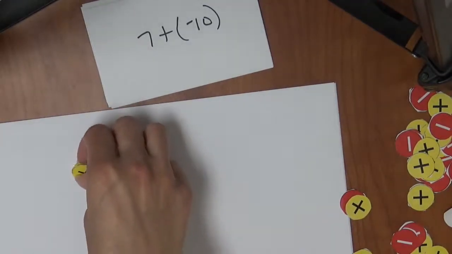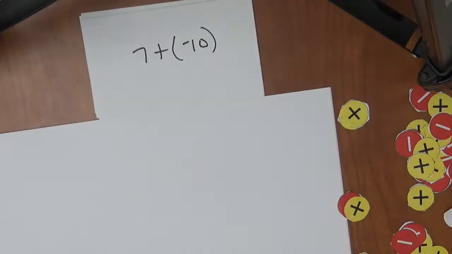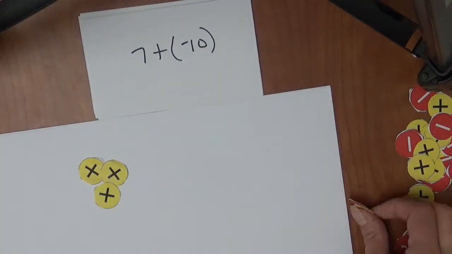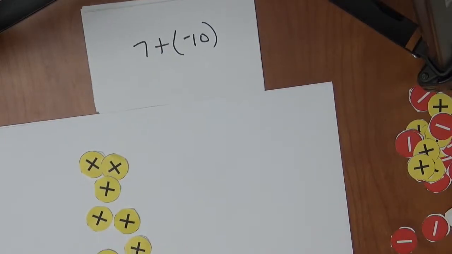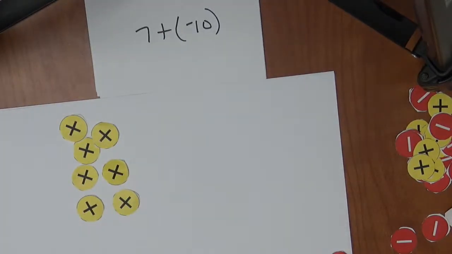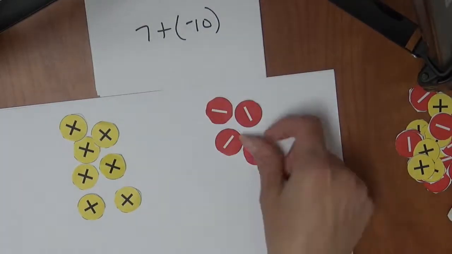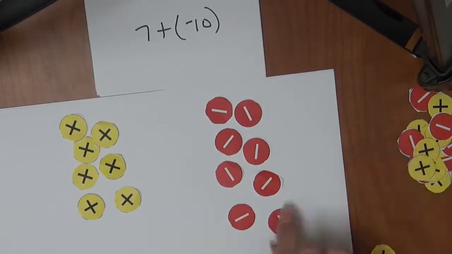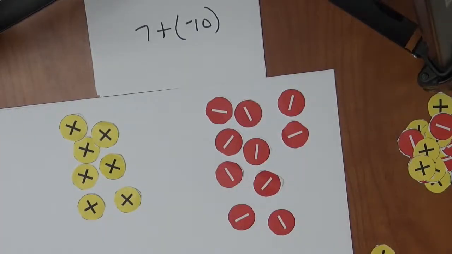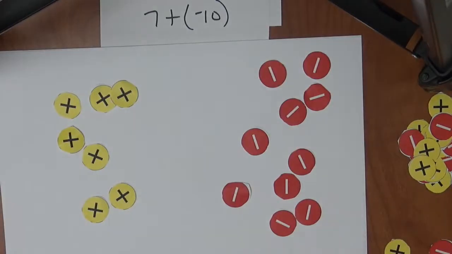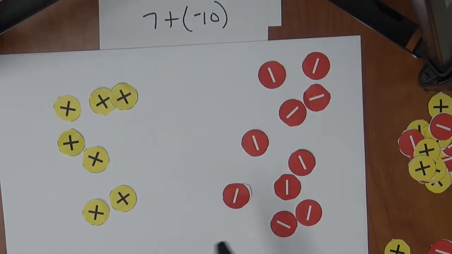Next one. 7 plus negative 10. I have 7 yellow counters for my positives, and I've got 10 reds for my negatives.